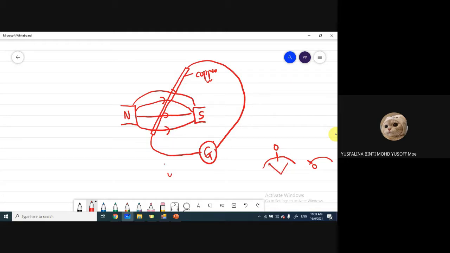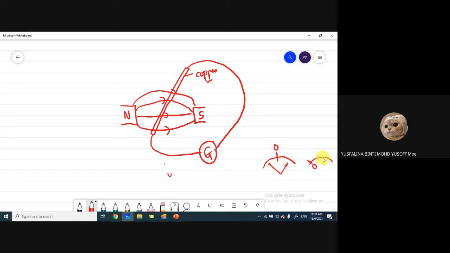This depends on the direction of the current, whether it flows to the left or to the right.